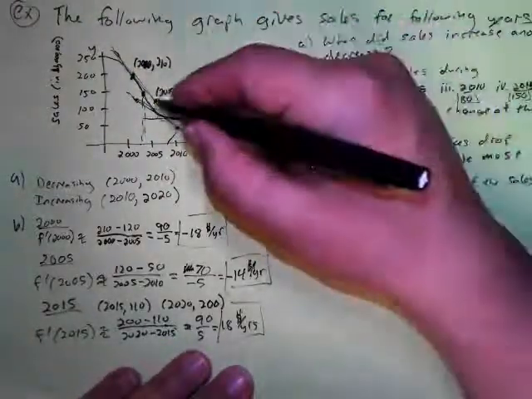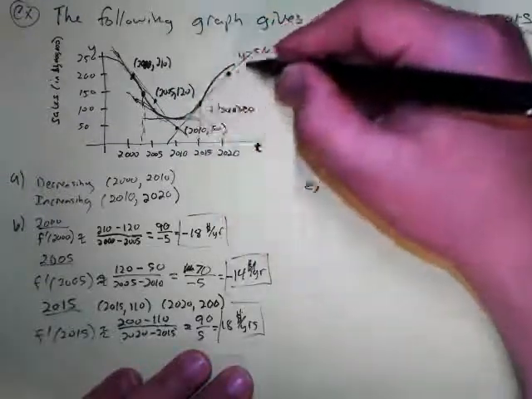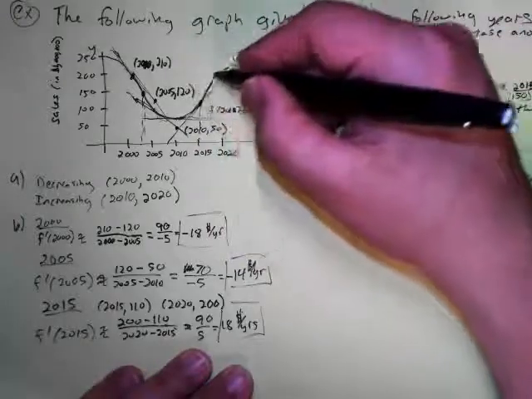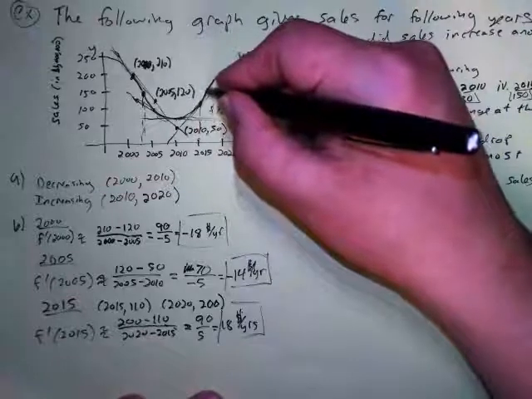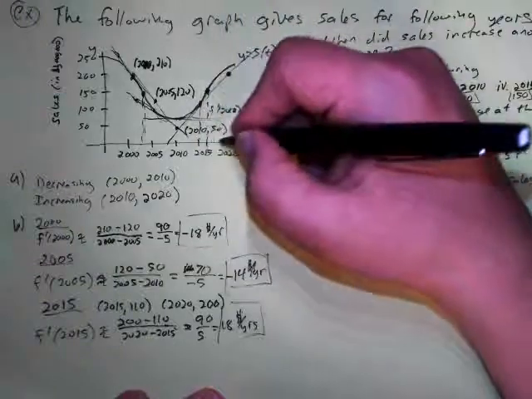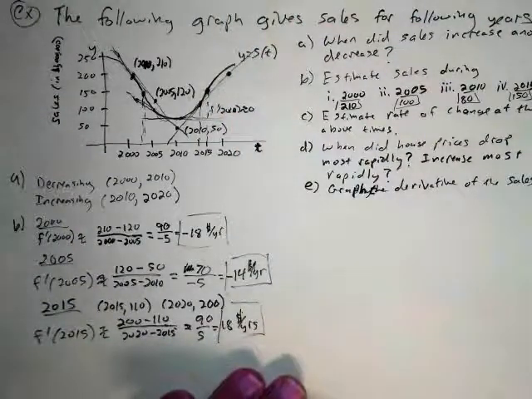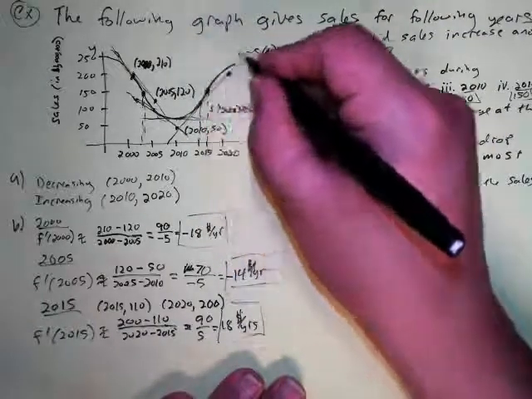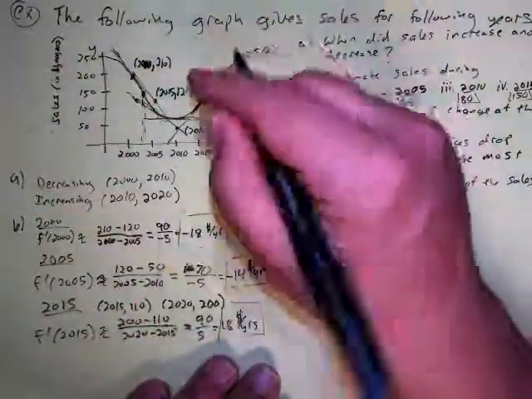Well, at some point it's going from concave up to concave down here. So there's some point when it increases the most rapidly, then it starts leveling out again. So there is another inflection point wherever it is, somewhere between 2015 and 2020, where it's increasing the most rapidly before the rate of change, not the graph, not the sales, changes.